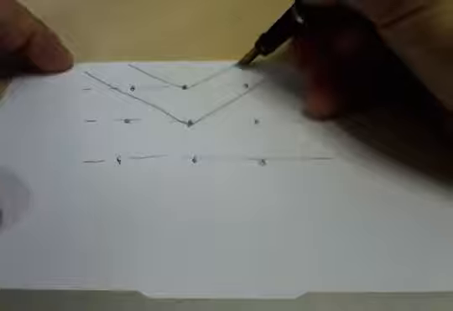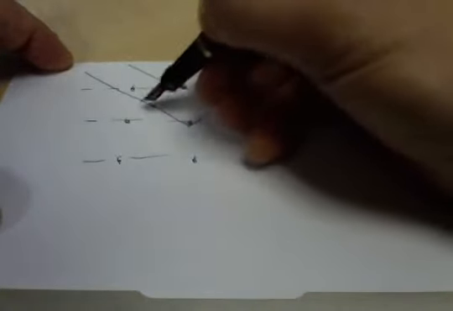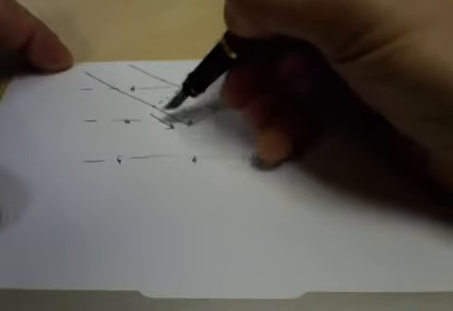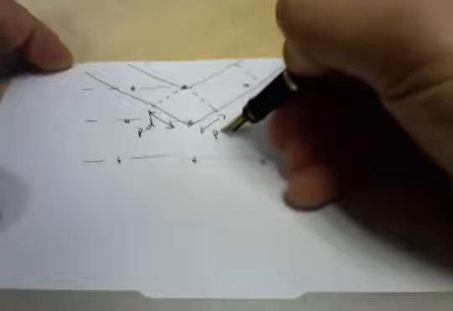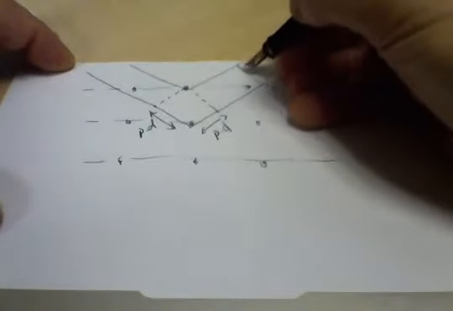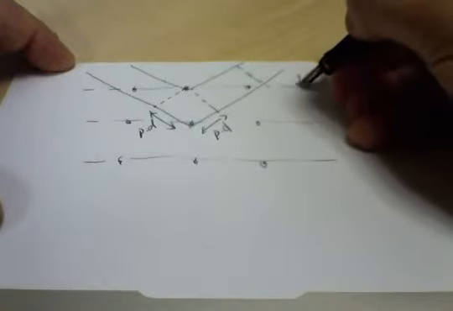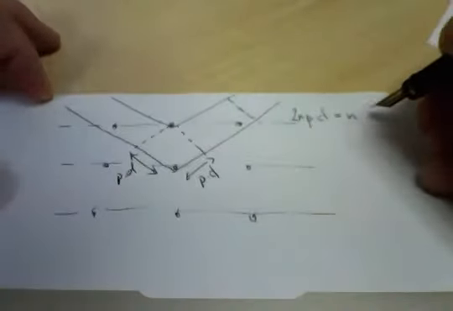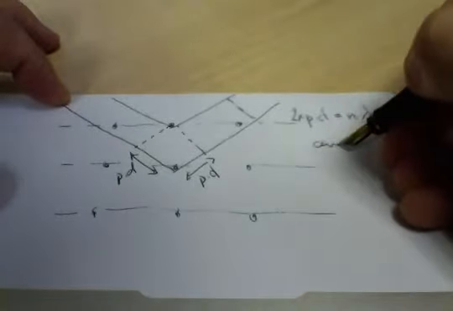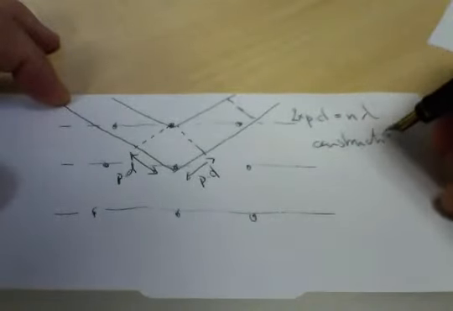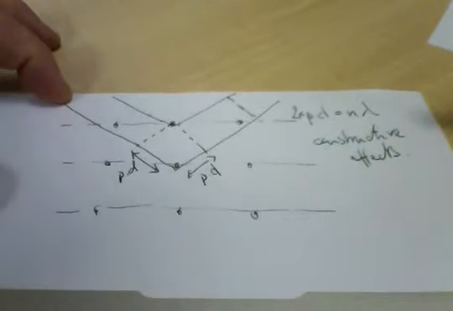What took place here was there was a certain path difference which was covered here and a path difference there. And if two lots of those path differences equal a whole number of electron wavelengths, then constructive interference was seen.